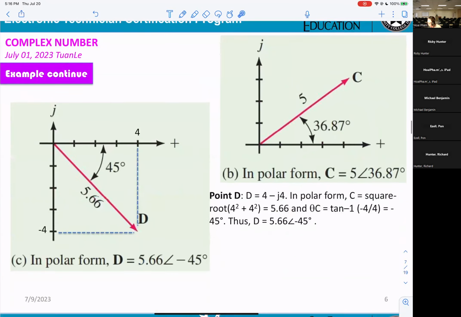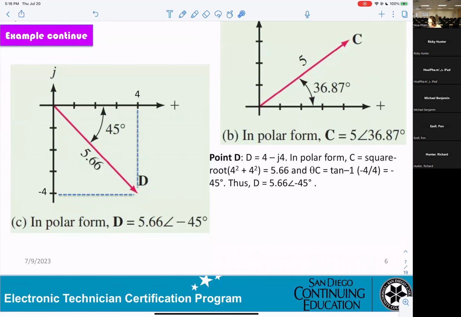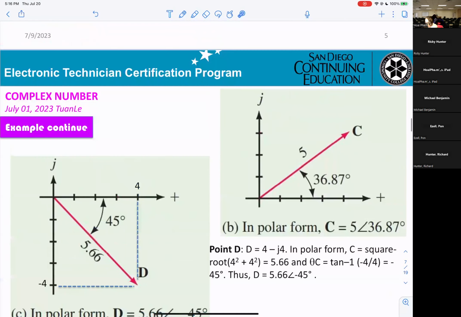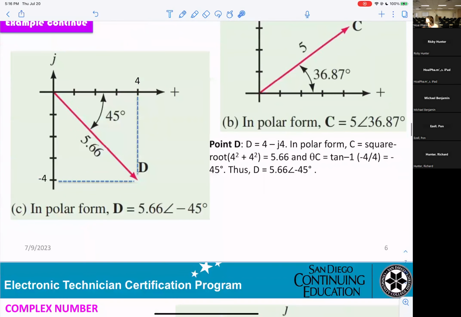Now the next one. D: the real part will be 4, and the imaginary part will be minus 4J.